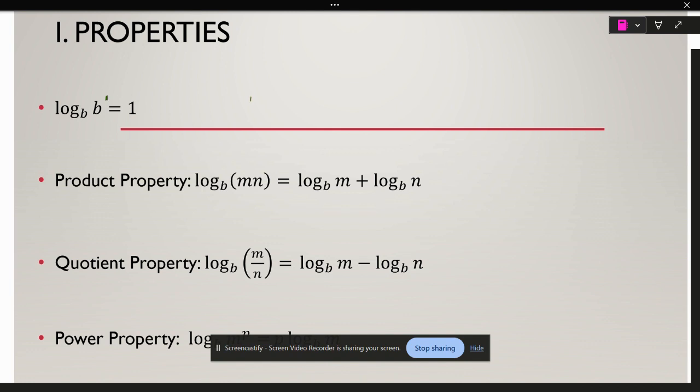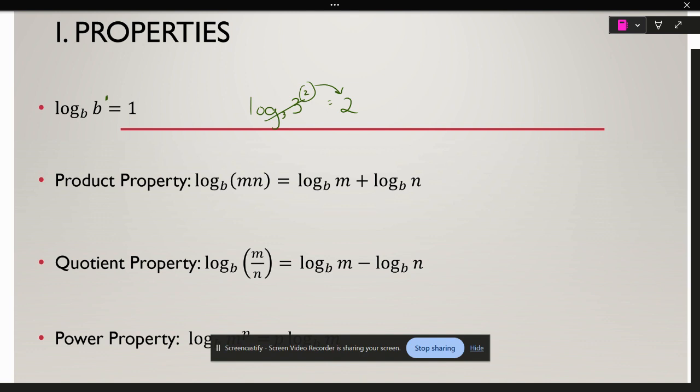So say, for instance, I had log base 3 of 3 to the second power, my answer would be 2. It's all based on what that exponent is. As long as these two numbers are the same, everything will cancel out. A lot of that has to do with the changing that we did before from logarithm to exponential.